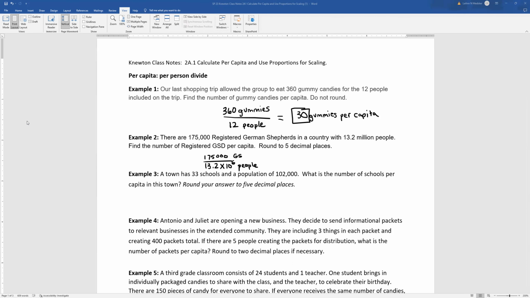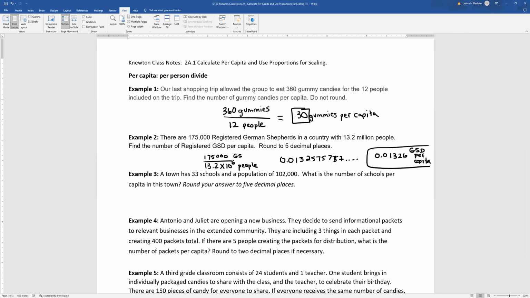And that is 0.013257. It looks like the 57 just repeats after that. We wanted to round to 5 decimal places, so 1, 2, 3, 4, 5 with the 7 after it. That means that 5 would bump up to a 6. So 0.01326 German Shepherd dogs per capita.